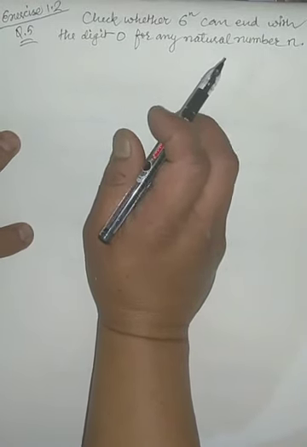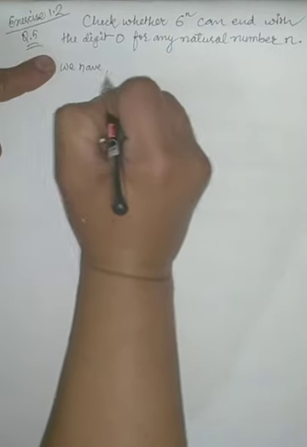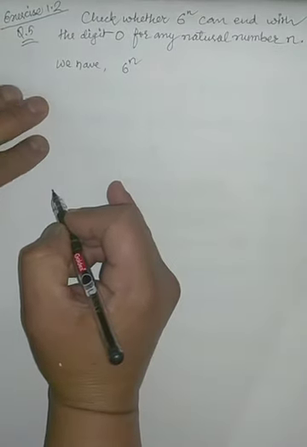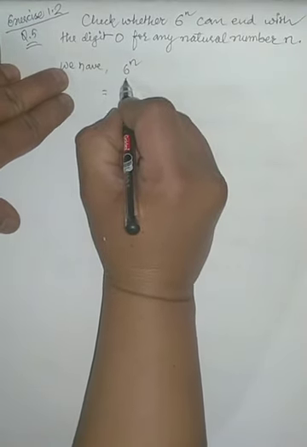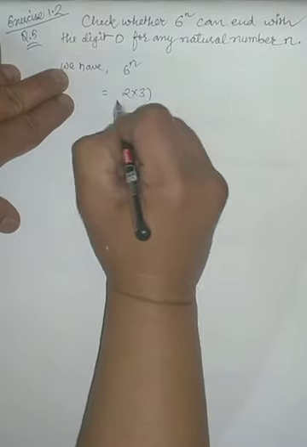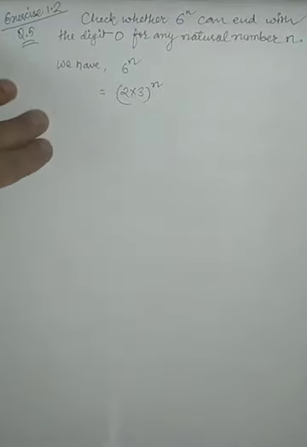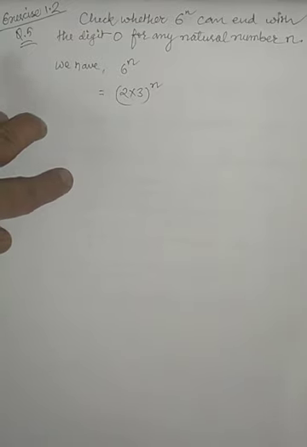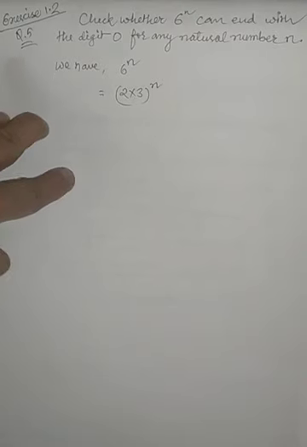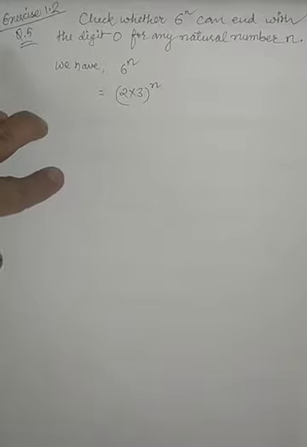So here we will see, the number we are given is 6 to the power n. 6 to the power n can be prime factorized as (2 into 3) raised to the power n. 6 is a composite number and we are writing 6 as 2 into 3, a product of prime factors, using the fundamental theorem of arithmetic, in which we can express any composite number as a product of prime numbers.